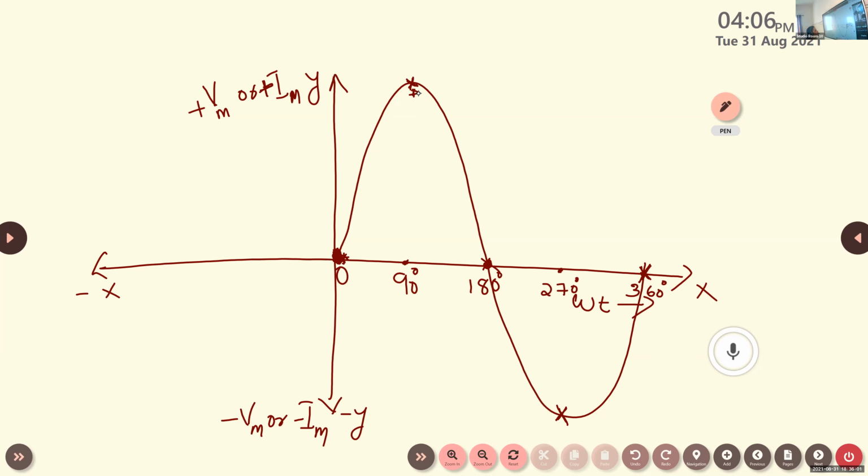Again, at 180 degree, it is 0. At 270 degree, it is minus Im, that is here. Again, at 360 degree, Im sin omega t is 0. So here we can join all these points using dotted lines.